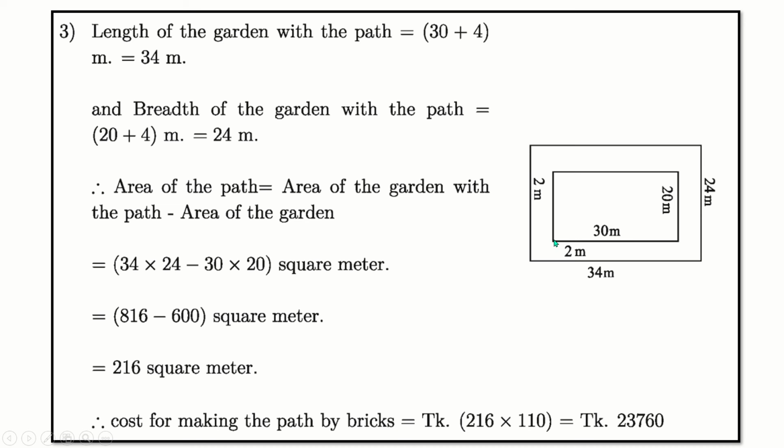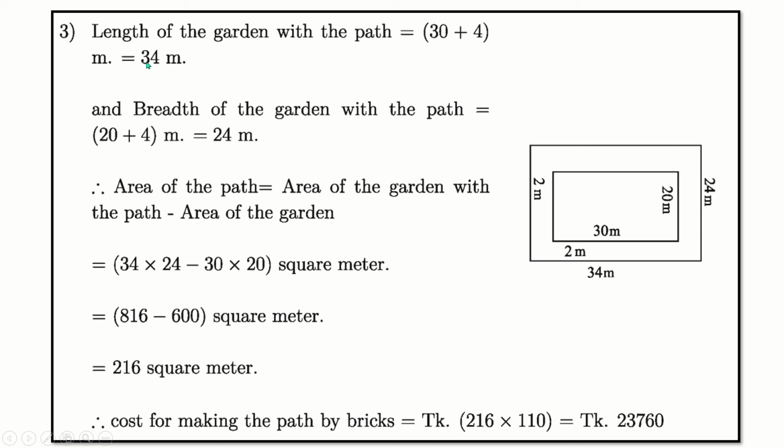But when we extend this line up to this, and this line up to this, here is extra: from here to here is 2, from here to here is 2, so 2 plus 2 means 4. And the breadth will be 20 plus 4, this is equal to 24.